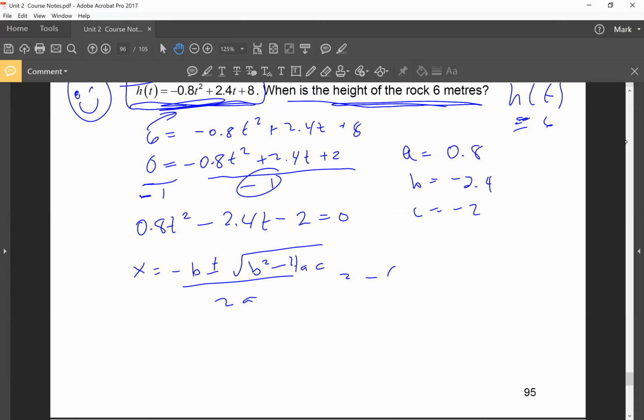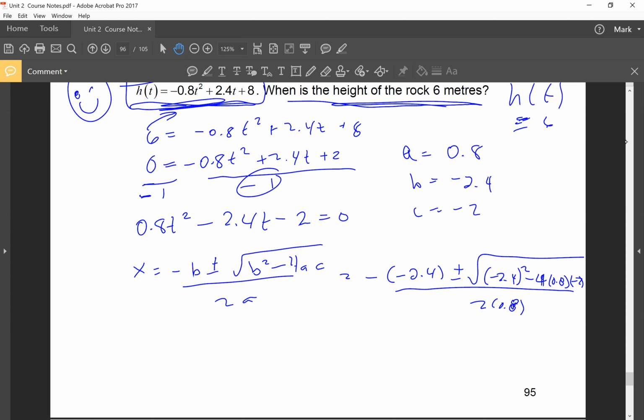So -(-2.4) plus or minus the square root of (-2.4) squared minus 4 times a times c, all over 2a, so 2 times 0.8.